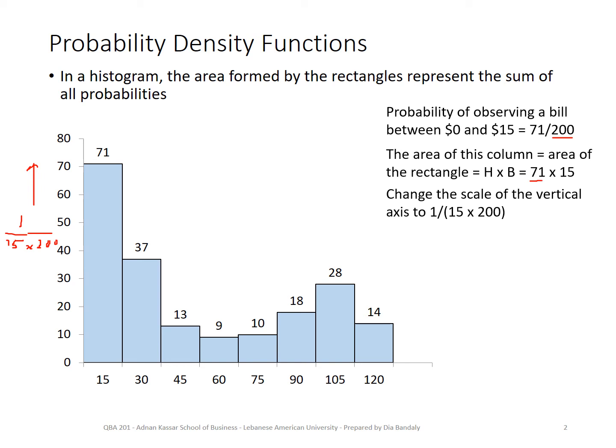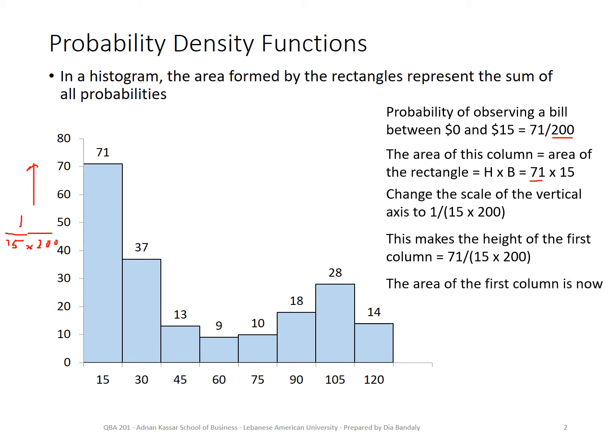I told you that you can change the scale without changing anything in the histogram. So now let's check what the area would be in the new scale. The height is now not 71, but due to the new scale, it's 71 over 15 times 200, right?